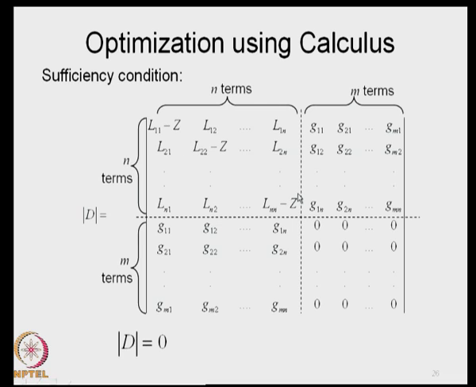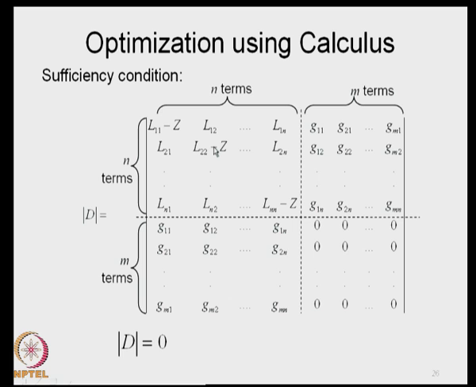Similarly, we get gij, which is the first order derivative of the jth constraint gj with respect to the ith variable xi. Then we formulate that determinant, introduce z in the diagonal elements of Lij only, and then solve for z.